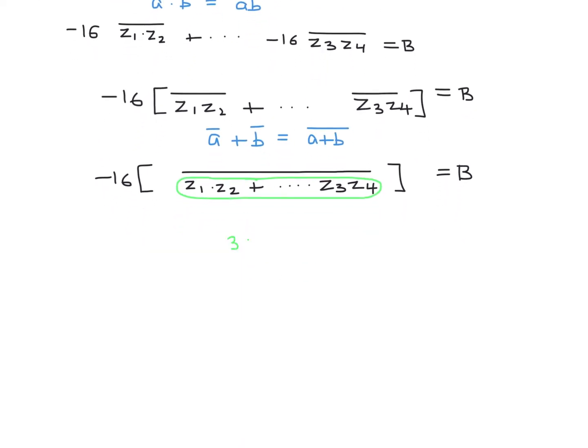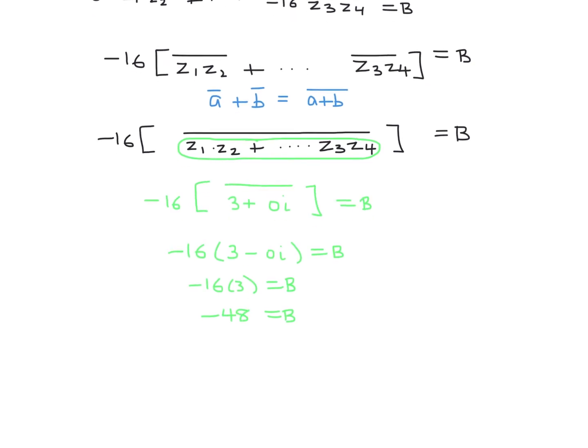We're going to put 3 plus 0i, because I have to put it in the form of a complex number, because I have to take the conjugate of that. Got it? Now, what's the conjugate of 3 plus 0i? Well, the conjugate is 3 minus 0i, which I'll just write like this. But minus 0i is just 0, so this is just minus 16 times 3, which is b. And there you go. So b is negative 48.